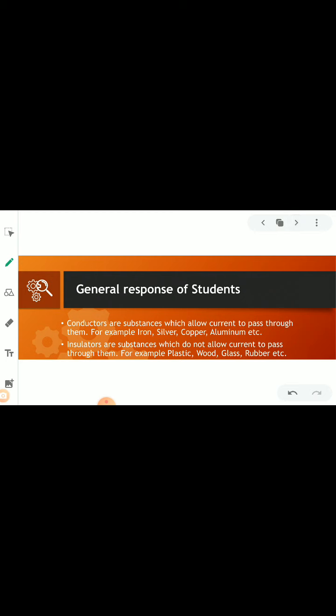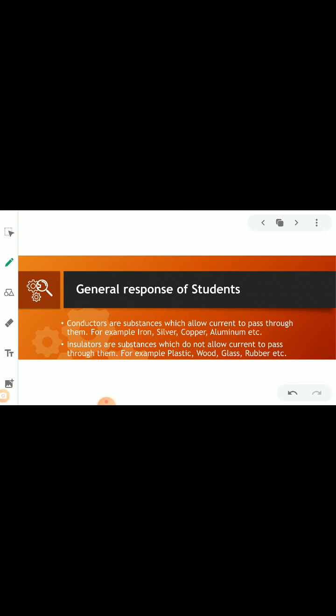You can give the definition easily. You have studied that conductors are the substances which allow current to pass through them. You can give examples such as iron, silver, aluminum, etc. And insulators are the substances which do not conduct electric current, for example plastic, glass, rubber, etc.